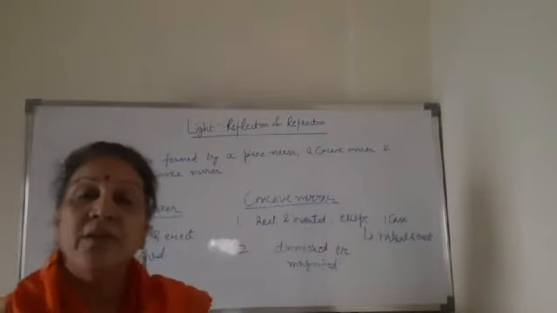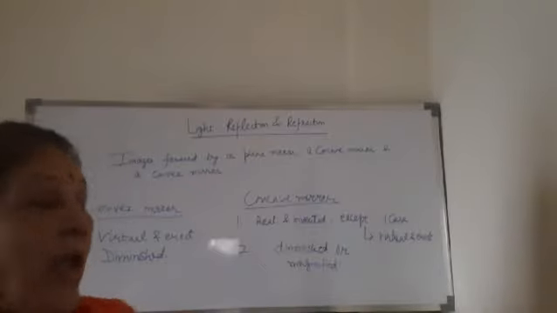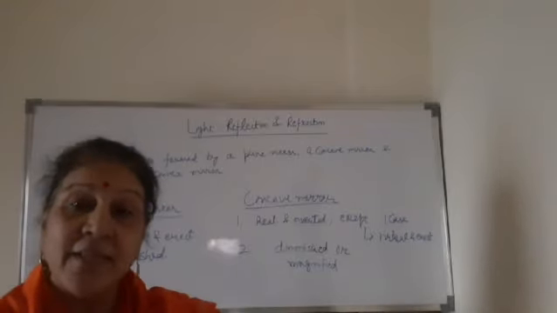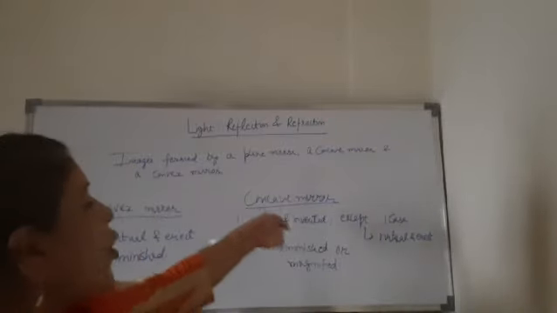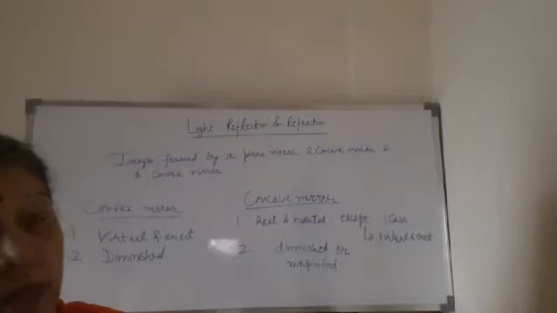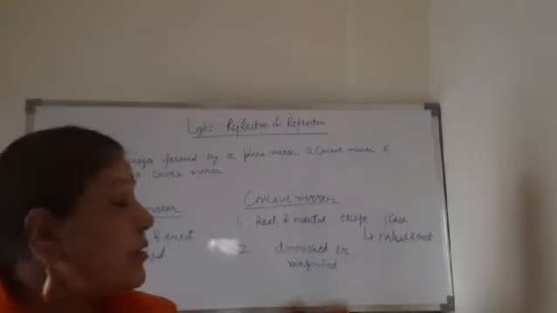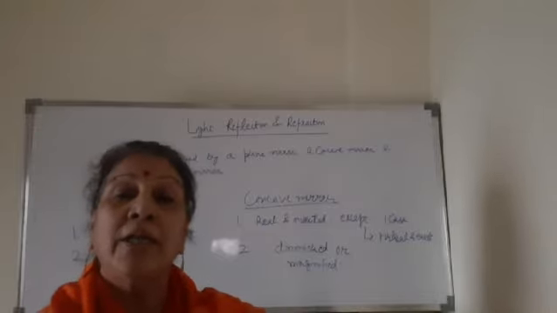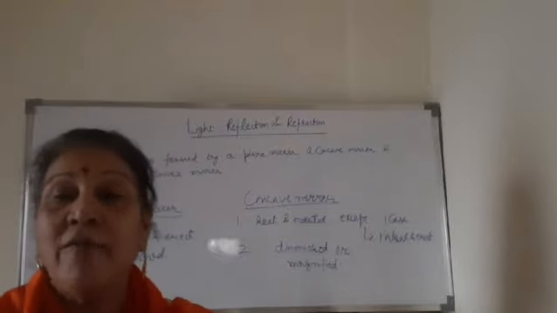So the convex mirror always makes images which are virtual and erect, and the images are always diminished or smaller in size. So it is easy to remember for plane mirror and convex mirror. But for concave mirror, you have to see whether it is real or virtual, whether it is diminished or magnified. All depends on the placing or the position of the object. So that is all about the images formed by a plane mirror, a concave mirror and a convex mirror.